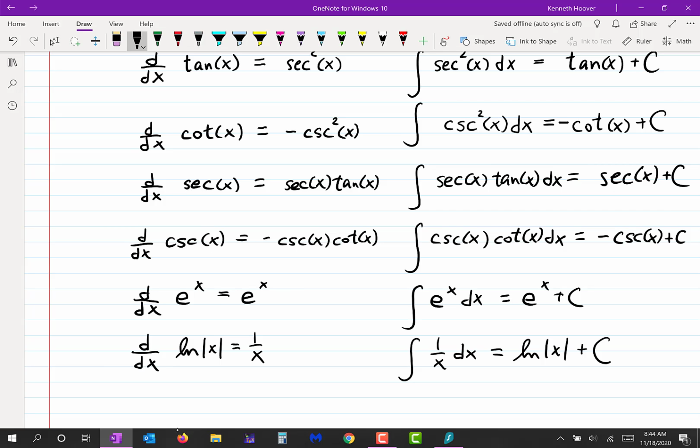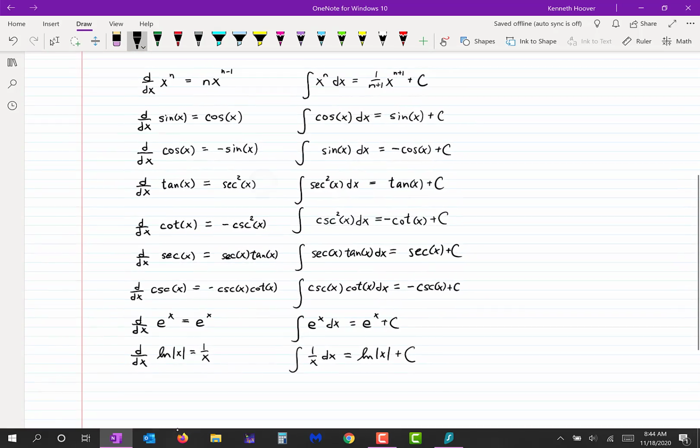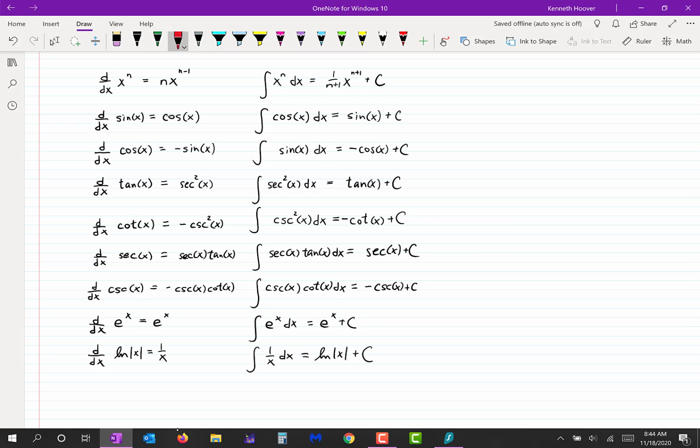But definitely, here are the ones that you should be able to do off the top of your head. Ones like that. Sine and cosine. You should really be able to do tangent off the top of your head too.